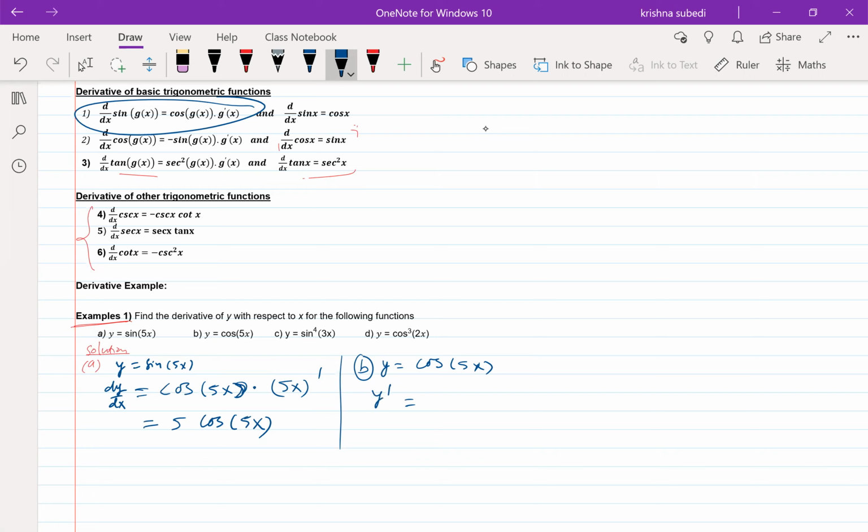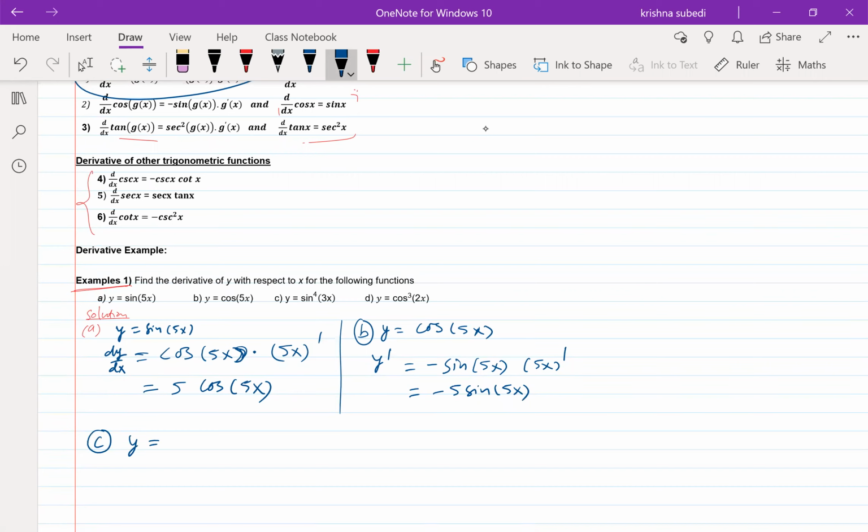So cos will change into negative sine 5x and then the derivative of 5x, which gives me minus 5 sine 5x. All right.